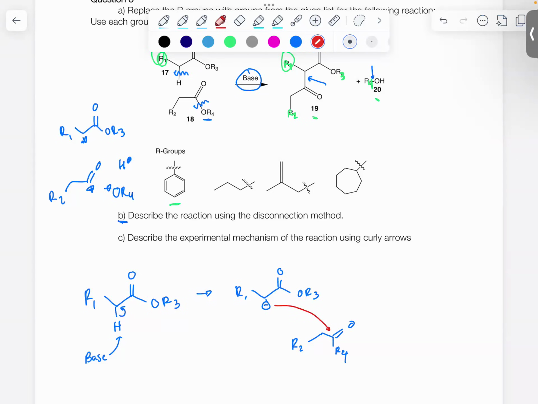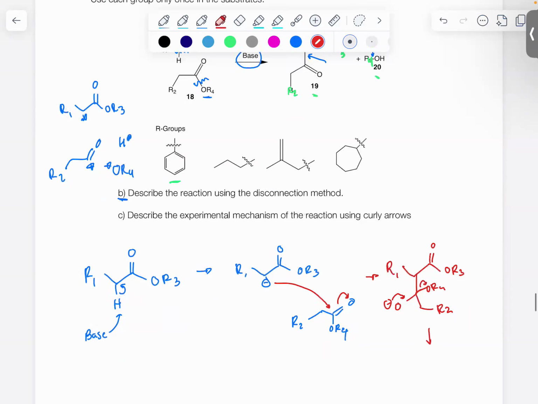And with that, we will form a tetrahedral intermediate where everything is attached briefly. Oh, not a double bond. And with the collapse, oh, I forgot an oxygen. With the collapse of that tetrahedral, we'll pick off one of those oxygens.